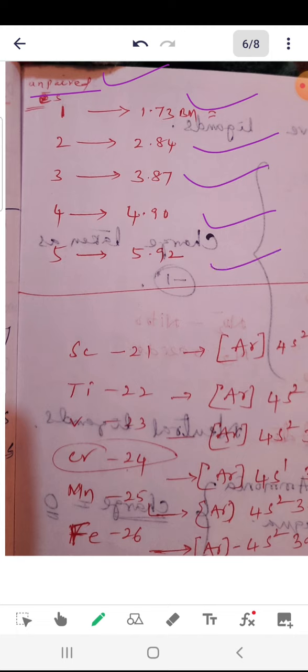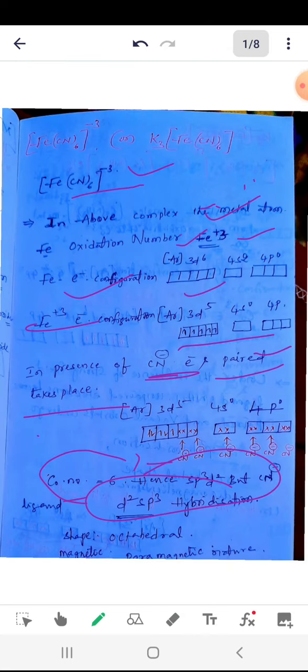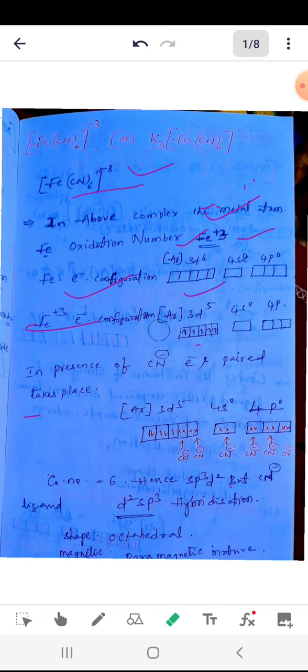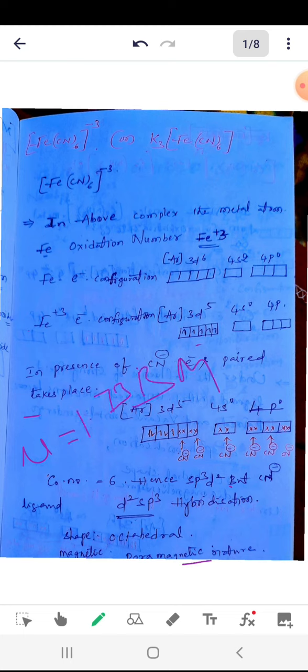So based on the unpaired electrons, easily we can find the Bohr magnetons. That's why here 1 electron means mu is 1.73 Bohr magnetons. You have to remember like that. That is the configuration and hybridization you have to remember finally. So finally you can write 1.73 Bohr magnetons. Last point you can add it here.